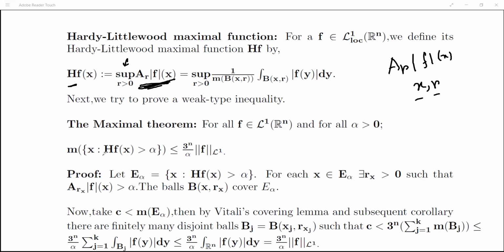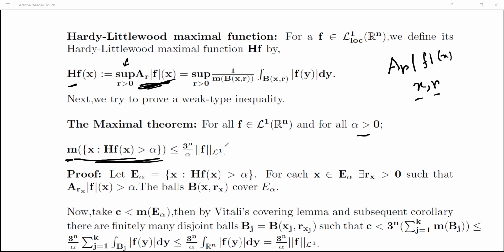So then you can talk about the measure of this set. You fix a positive alpha, then look at the set of all x where the value of the maximal function exceeds alpha. You can look at the Lebesgue measure of this set, and that is bounded by some constant times the L1 norm of f.